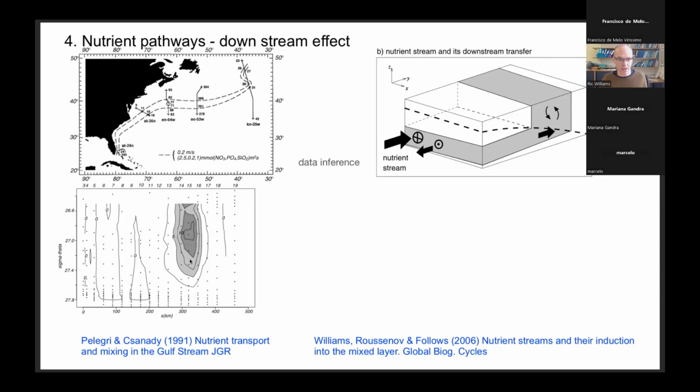So if you plot this nutrient transport in density space, we can see that there's high concentrations of this transport in density surfaces extending from 26.6 to 27.4. So the nutrients carried in this nutrient stream will be carried along density layers until they outcrop into the mixed layer.